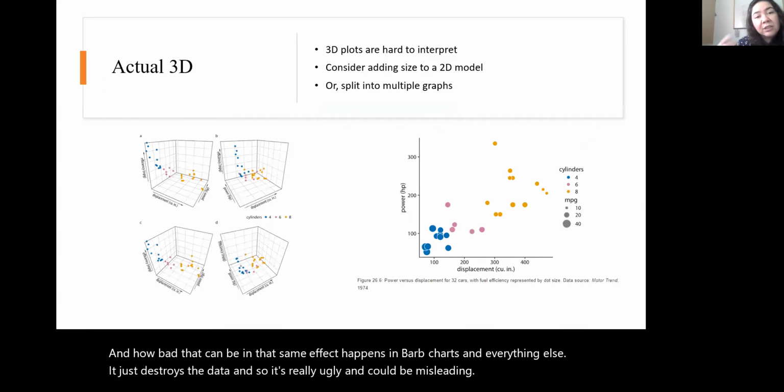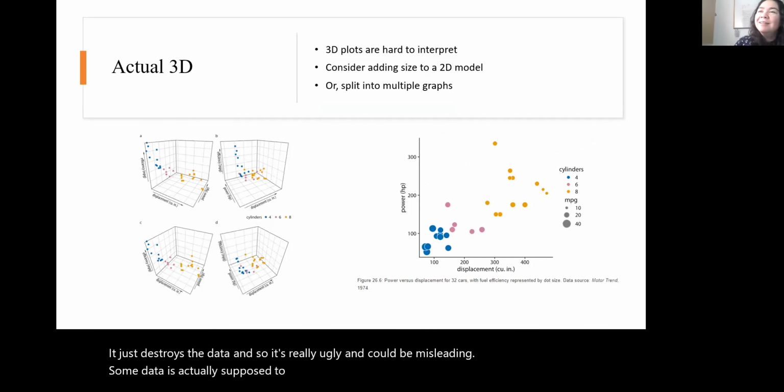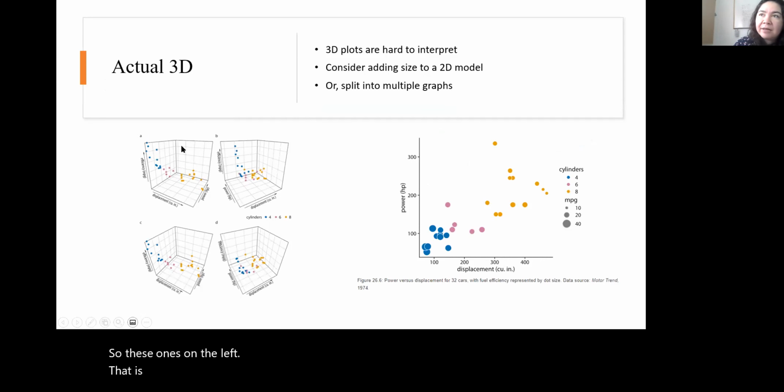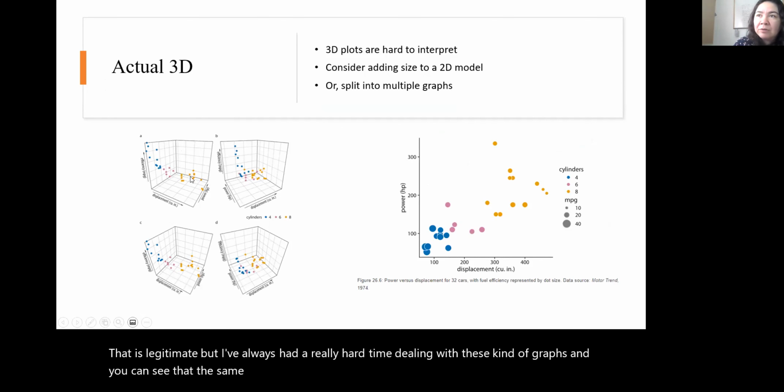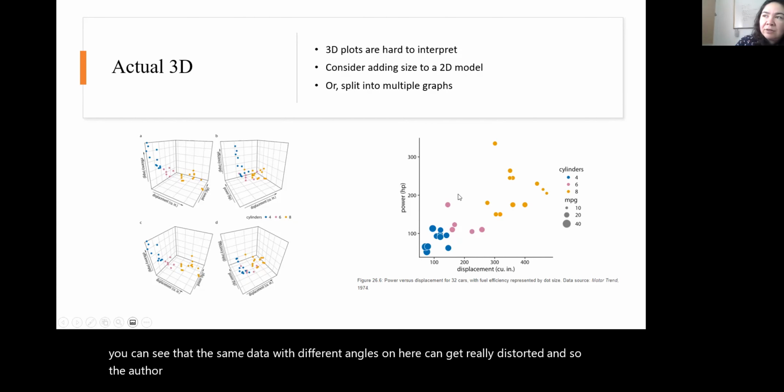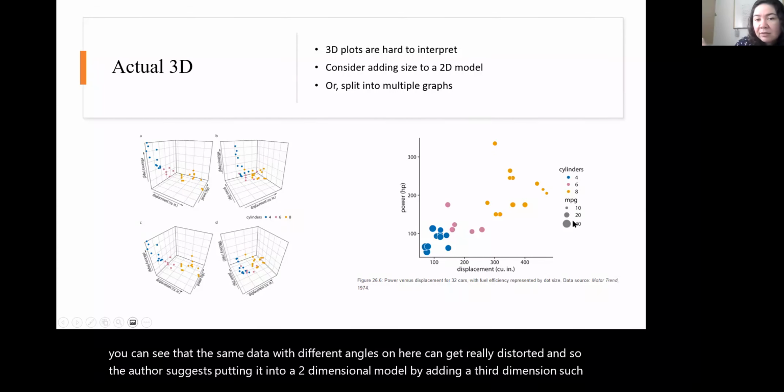Some data is actually supposed to be 3D. So these ones on the left, that is legitimate, but I've always had a really hard time dealing with these kinds of graphs. And you can see that the same data with different angles on here can get really distorted. And so the author suggests putting it into a two-dimensional model by adding a third dimension, such as size, to the mix.